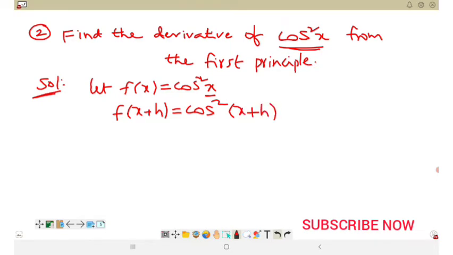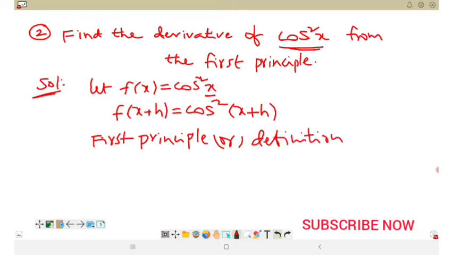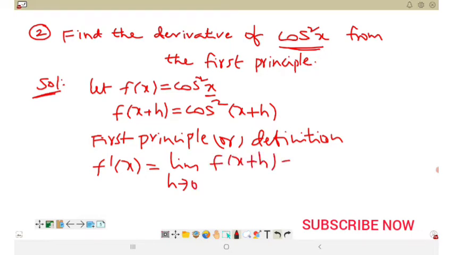Now the first principle or definition is f dash of x equals limit h tends to 0 f of x plus h minus f of x by h.